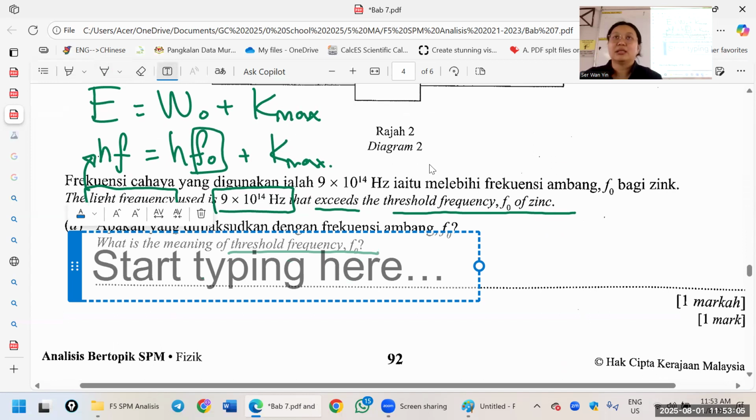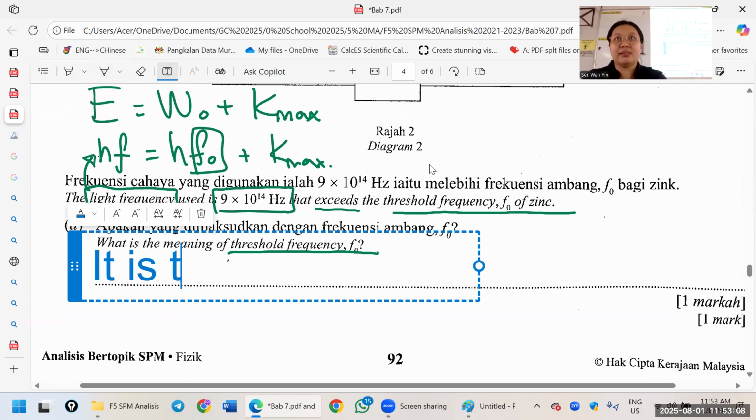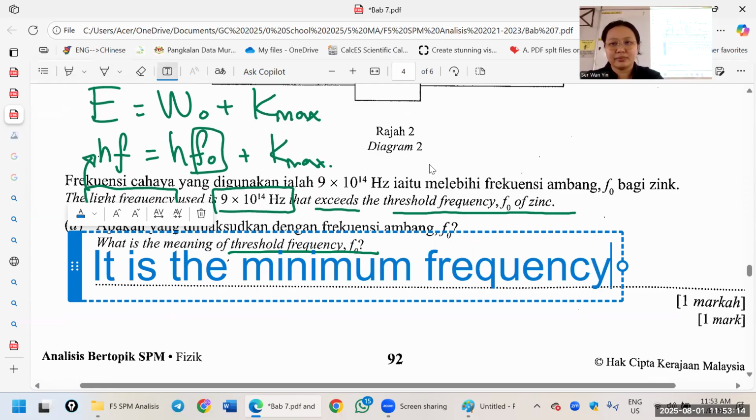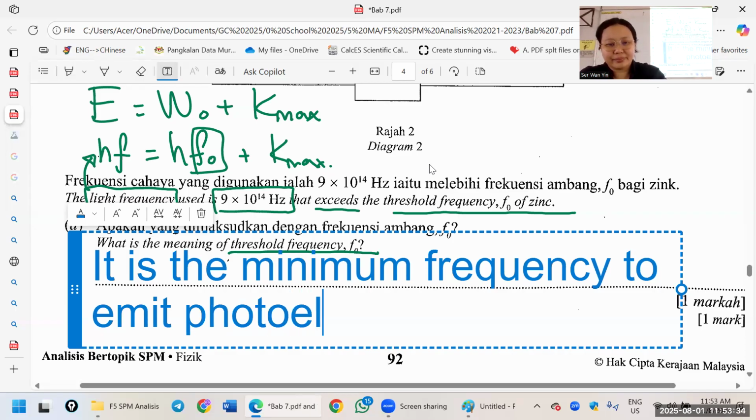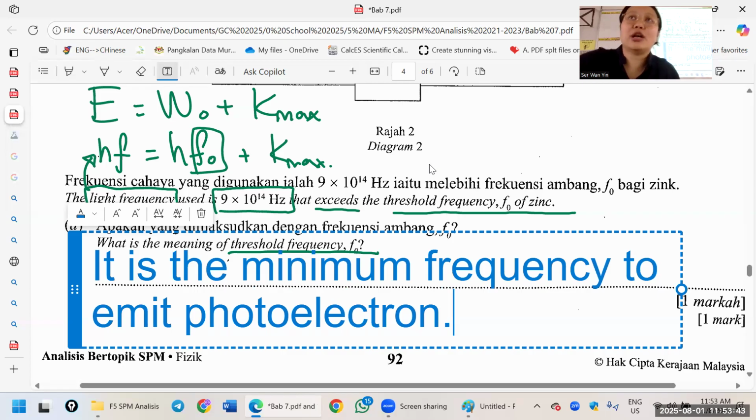So we say it is the minimum frequency to emit electron, or we say photoelectron. You can say electron, but I prefer you all use photoelectron because this electron is produced by photon.